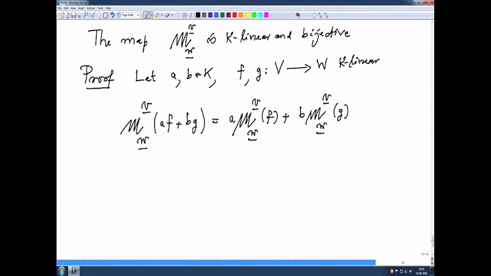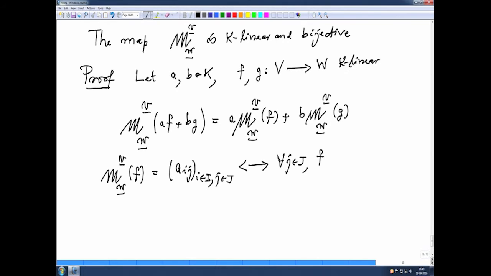Okay, but let us see how we defined M_{V,W}(F). If this is A_ij, i in I, j in J, we are assuming finite and everything, no? So this is defined by the equations: for every j in J, F of Vj equals the summation of A_ij Wi.